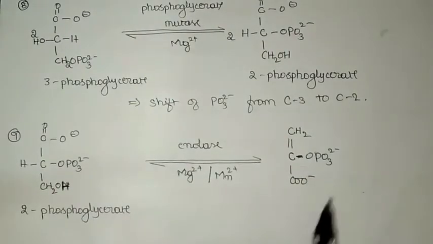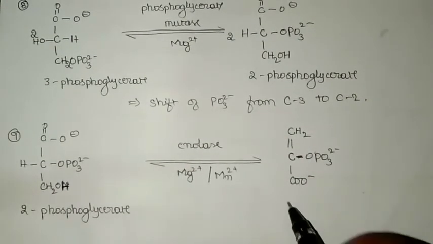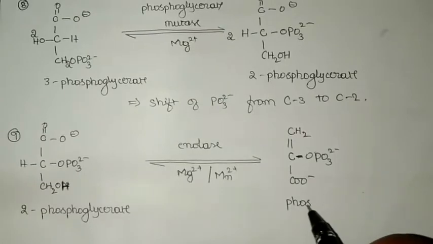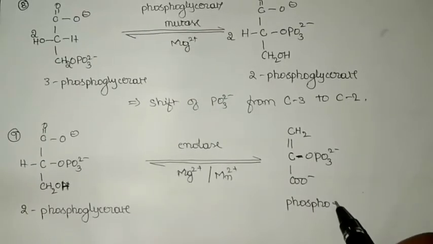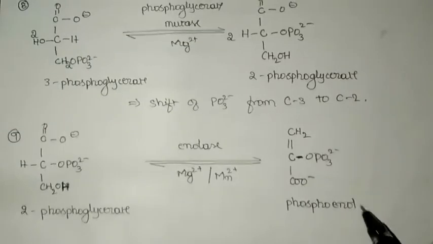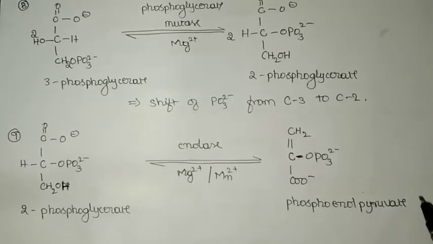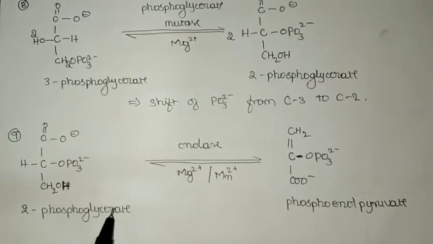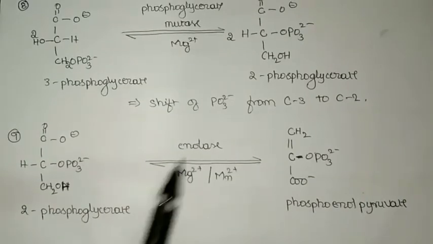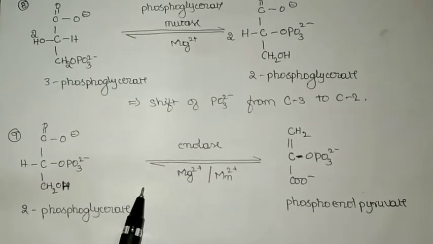This is the simplest structure of phosphoenol pyruvate, the penultimate material in glycolysis.